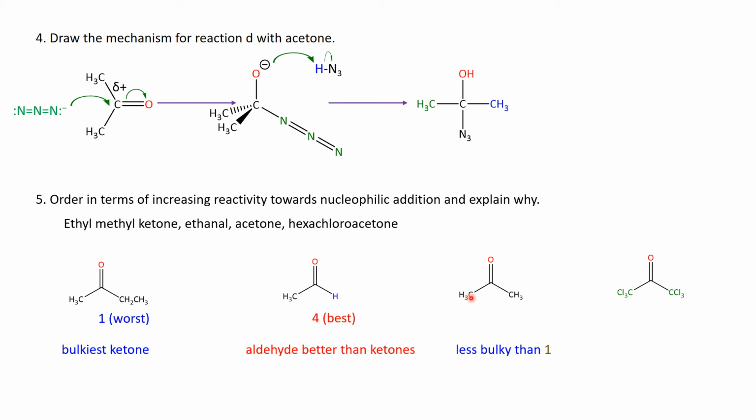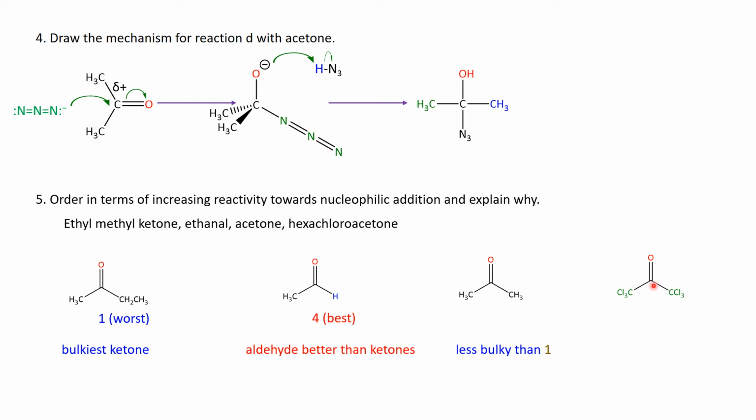However, there's not just bulk to consider, there's also electronic effects. This carbon here with 3 chlorines and this carbon with 3 chlorines, those chlorines are sucking electrons away like a top-notch vacuum cleaner. And as they're sucking electrons away from the carbons, those carbons are going to suck electrons away from this carbon.